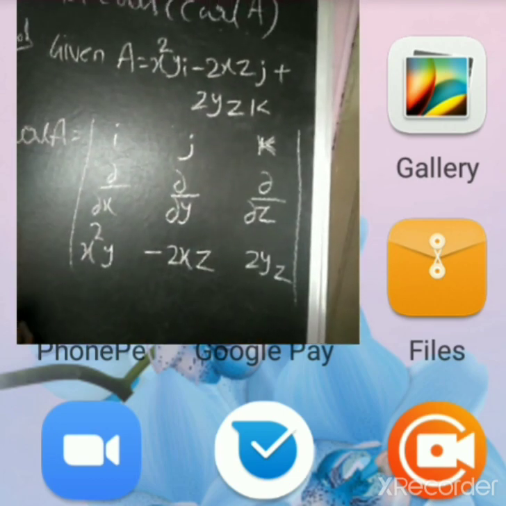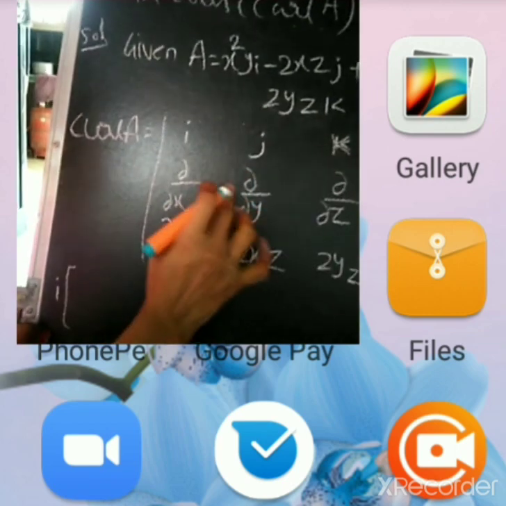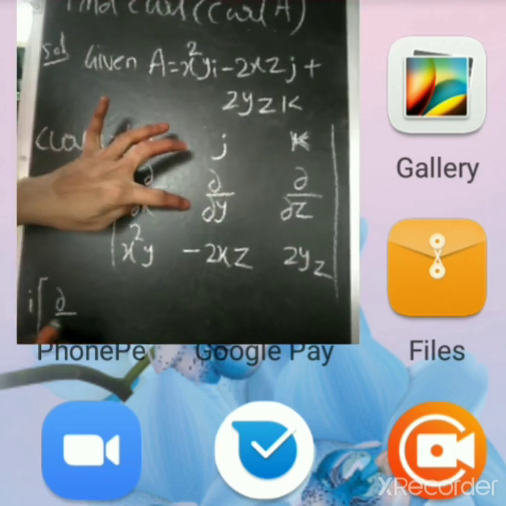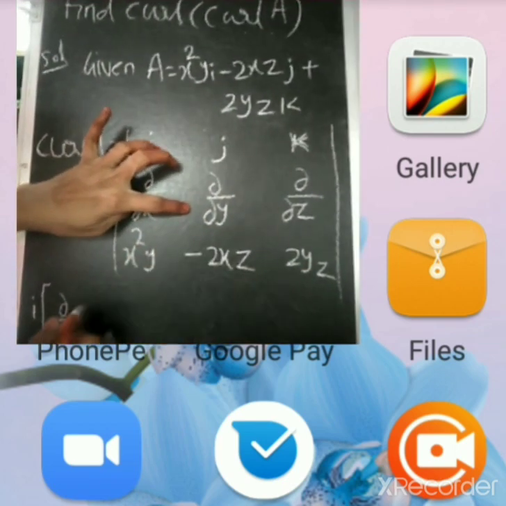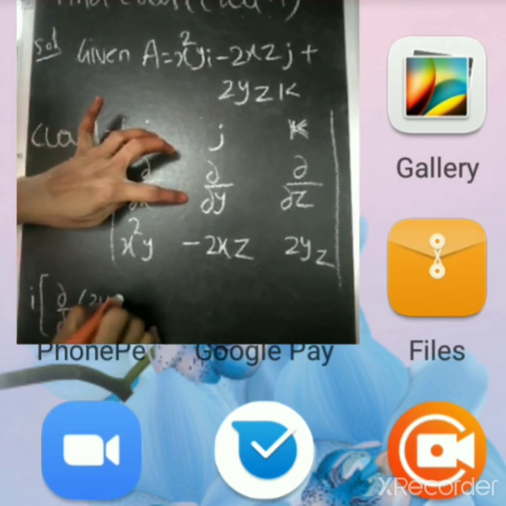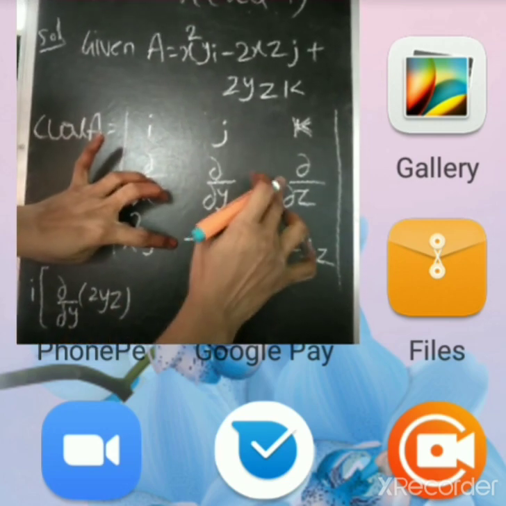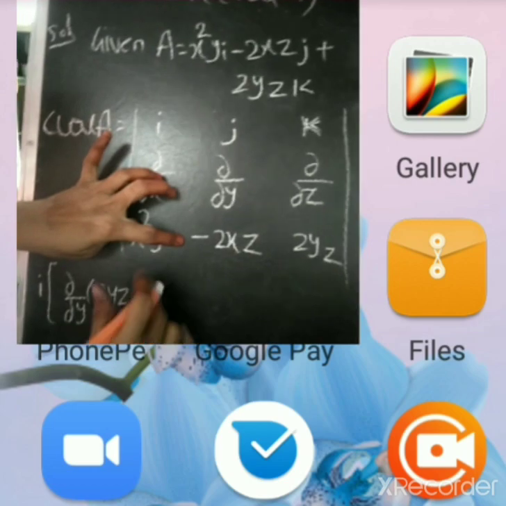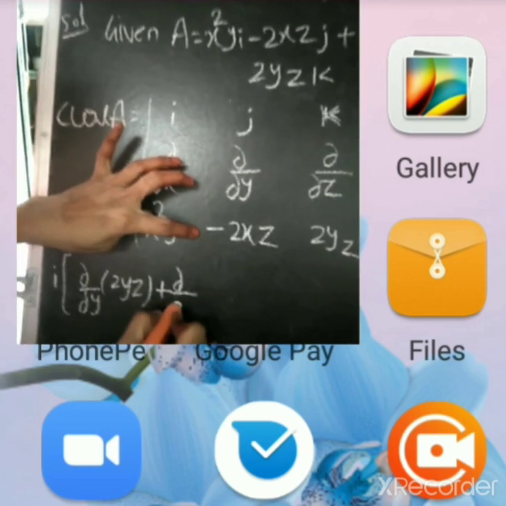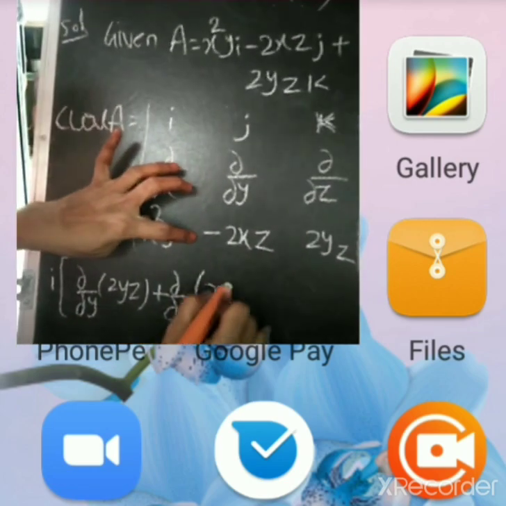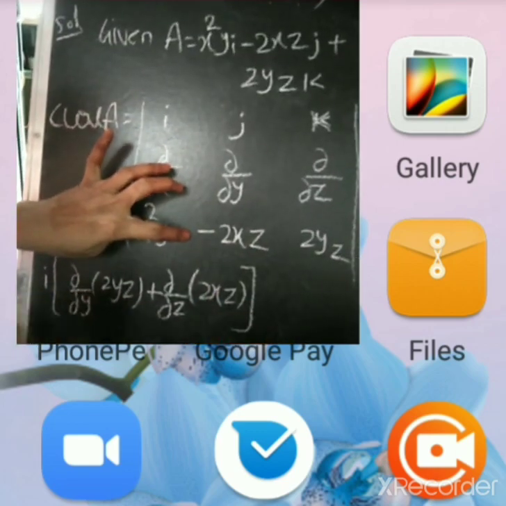Next, similarly i into dou by dou y of 2yz minus, so here minus into minus is plus, I can write plus dou by dou z of 2xz. This is the i.